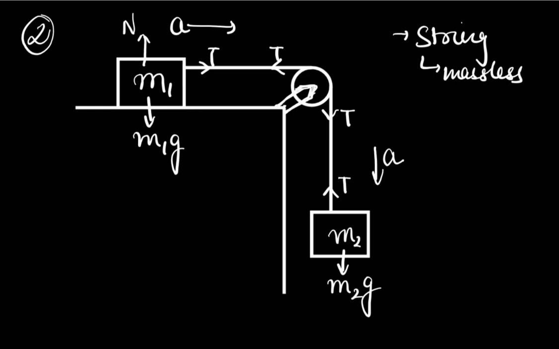Since the block is moving towards right side, the tension T will be equal to mass into acceleration of the block, right? Because only one force is there in the right side and the whole acceleration is due to that.